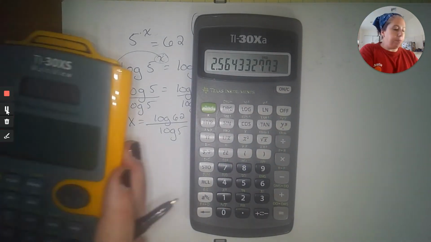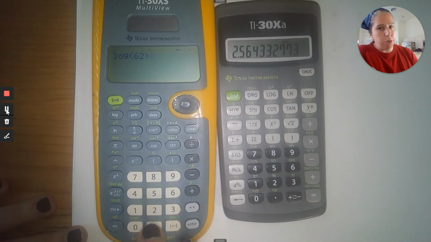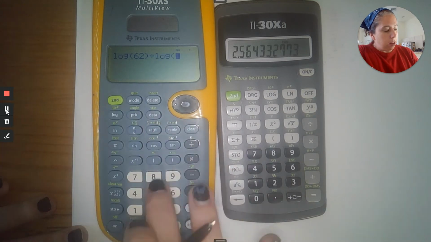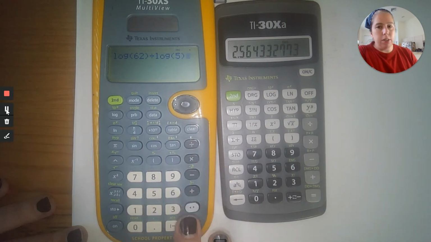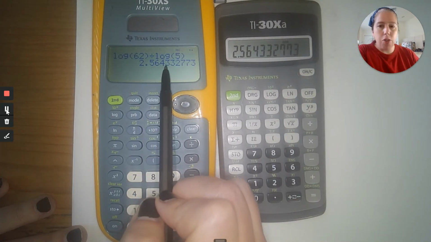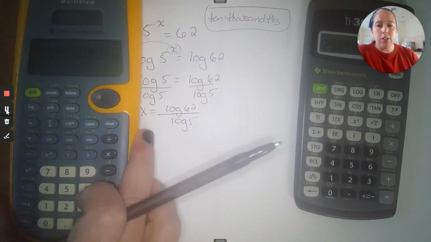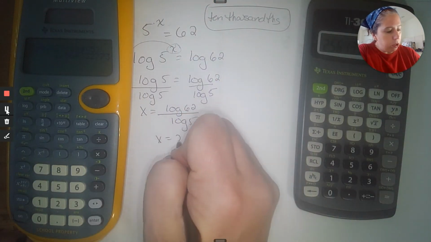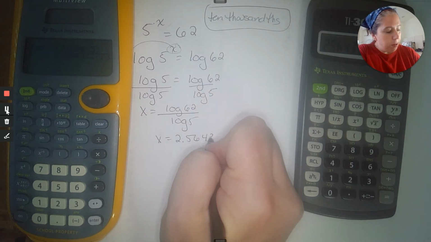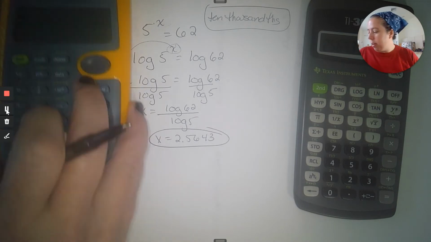And then on this one, we're going to do log 62, close your parentheses, divided by log 5, close your parentheses, and we're going to get the exact same answer, okay? So go to 4 decimal places, so 1, 2, 3, 4, that's a 3. Look, behind it is another 3, so this is going to stay. So your answer is going to be x equals 2.5643, okay?